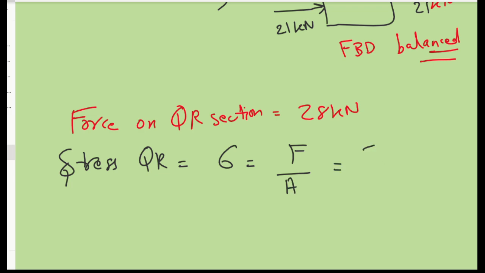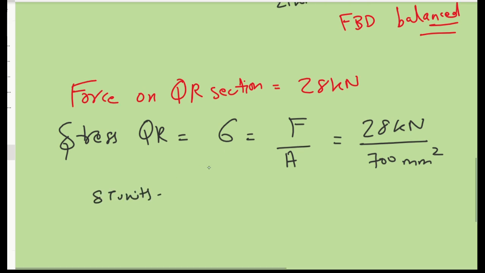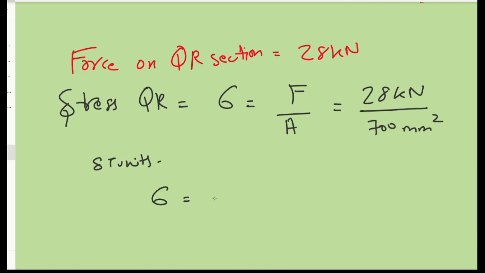Okay, this is 28 kilonewton by the area of the cross section of the bar, given as 700 mm square. So we will convert them into SI units. Okay, the stress is equal to 28 into 1000 divided by 700 into 10 to the power minus 6.